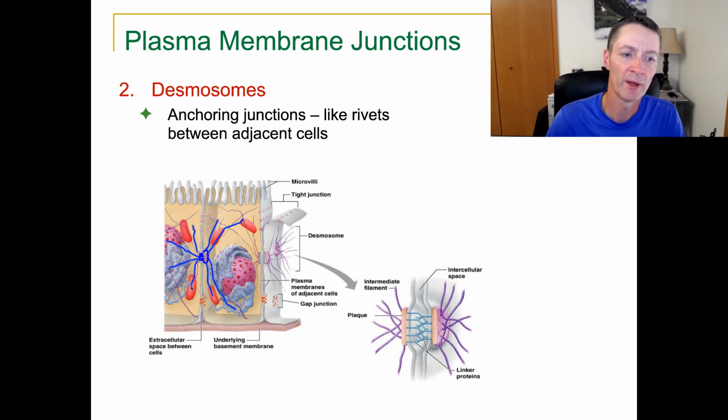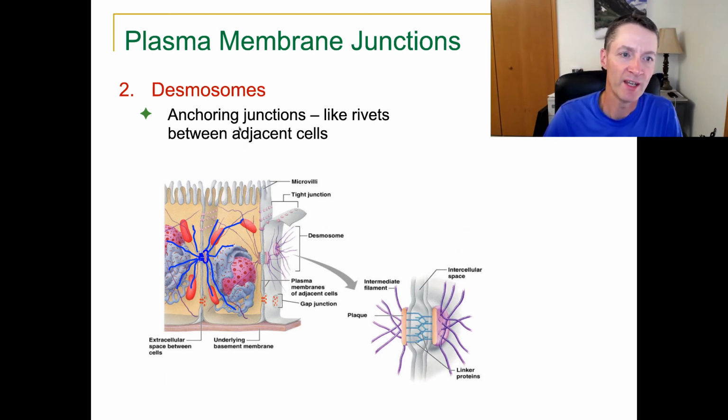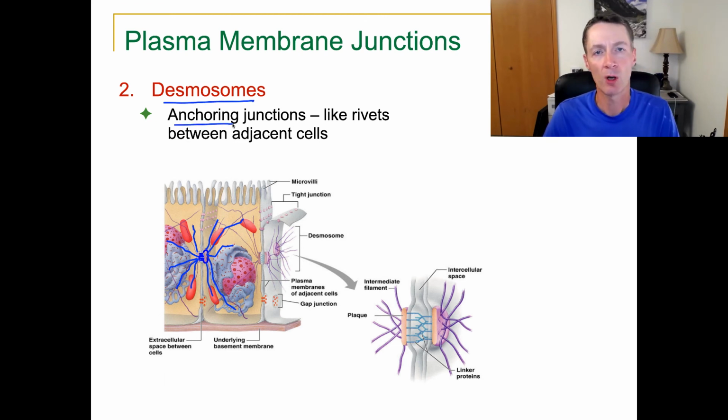Now, think about a plant or a tree, right? One that has roots that extend deep into the soil. It's going to be hard for you to pull that up, right? It's a strong connection between that tree and the soil. Same thing here. You're going to have desmosomes forming an anchor. Strong connections.